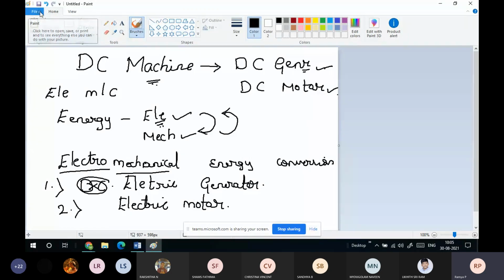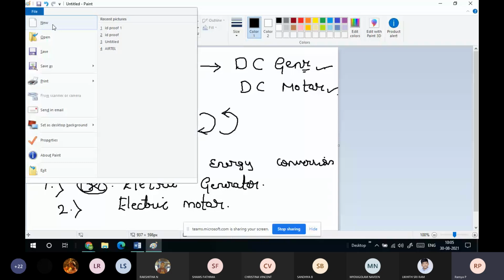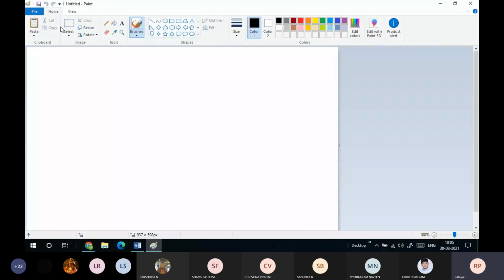So now if you want to be more specific about that, the first thing, whatever I have told you, that is your electric generator. They may ask you even in a viva, what is the difference between a generator and a motor? Simple.